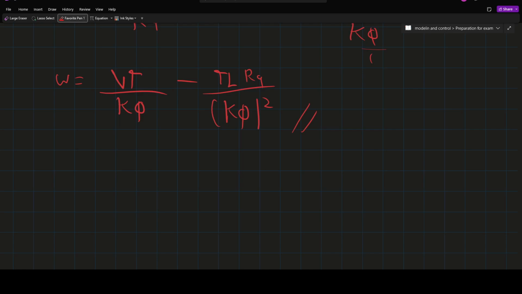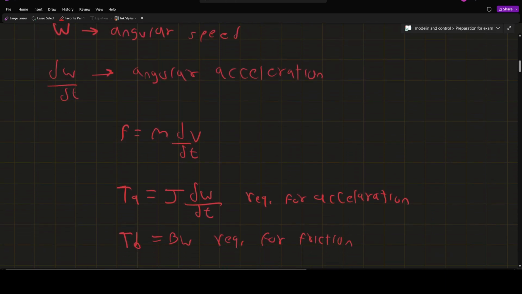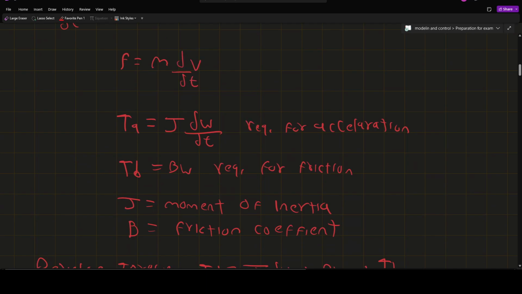for our DC motor. And this is a separately excited DC motor. So this is saying that the load torque is equal to K phi Ia. I talked before about the different types of torques. Just a reminder that force is equal to mass times acceleration, and acceleration is the derivative of velocity.